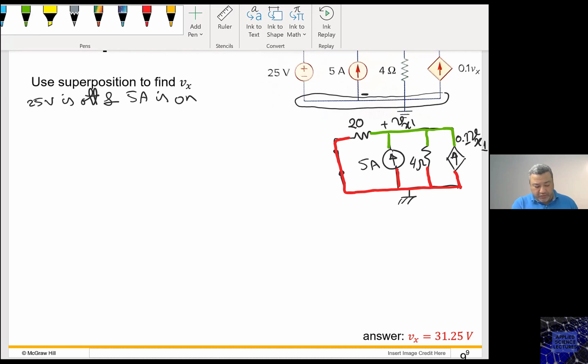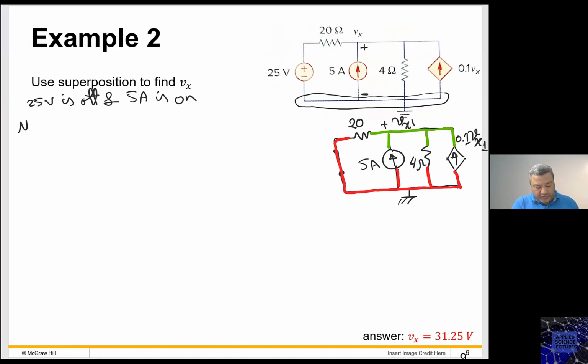So nodal equation 1, in this case, I would be saying Vx1 over 20, or if you want to say Vx1 minus 0, but right away Vx1 over 20, 5 ampere is entering, minus 5, plus Vx1 over 4.